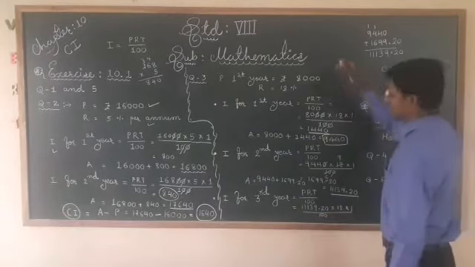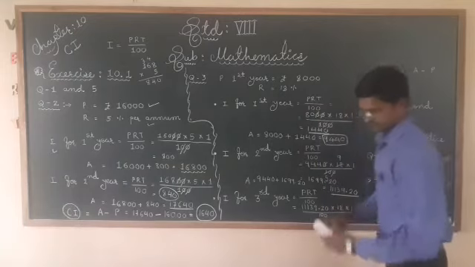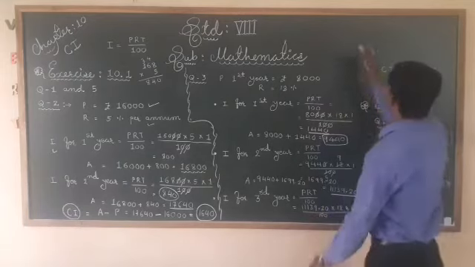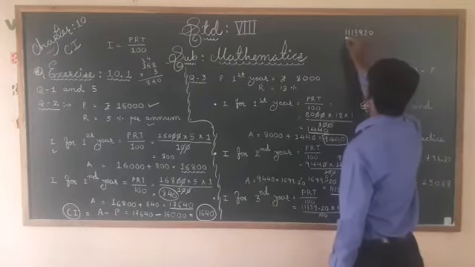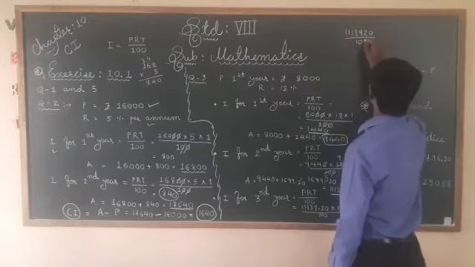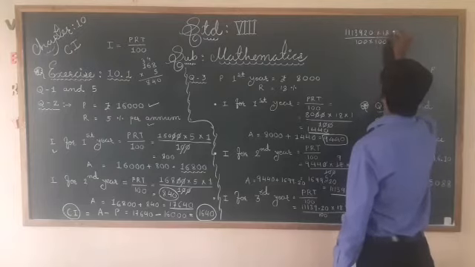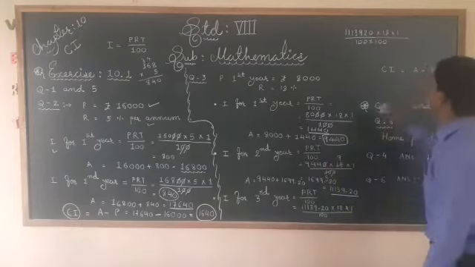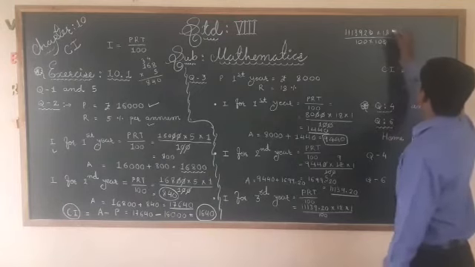Here it's a decimal point. How will you do the simplification? We will try to simplify this. 20 divided by 100, multiplied by 100 into 18 into 1. So here 0 out.